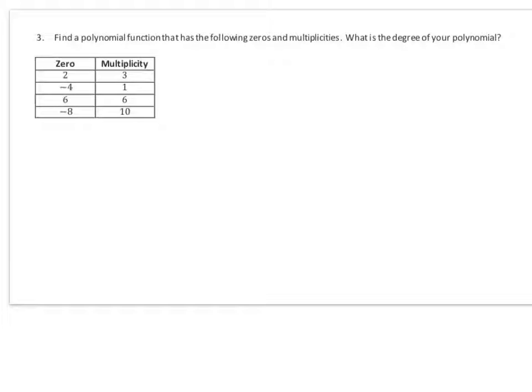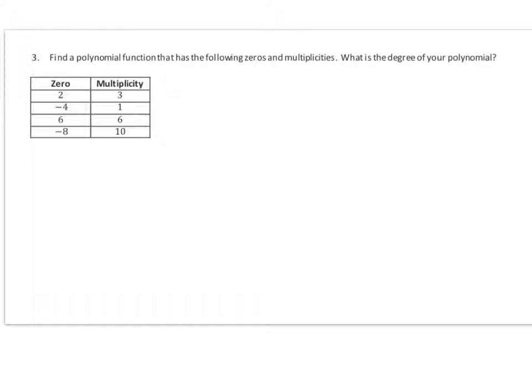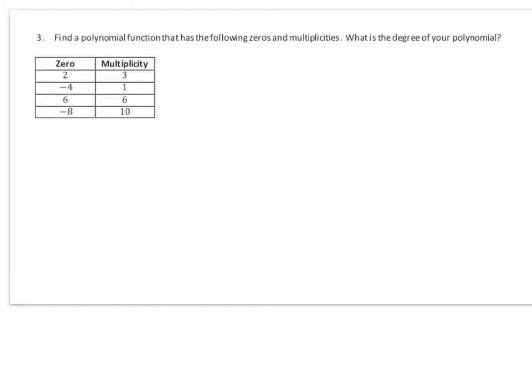All right, find a polynomial function that has the following zeros and multiplicities. What is the degree of your polynomial? Okay, really quick, if I have a zero of 2, that means that x equals 2. So if I backwards that, not a real word, I know, it means I have x minus 2 equals 0.